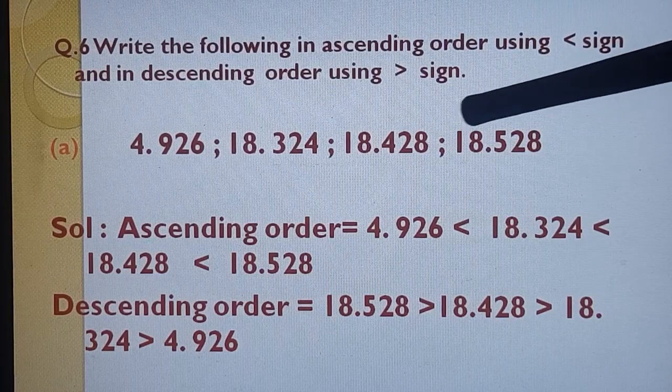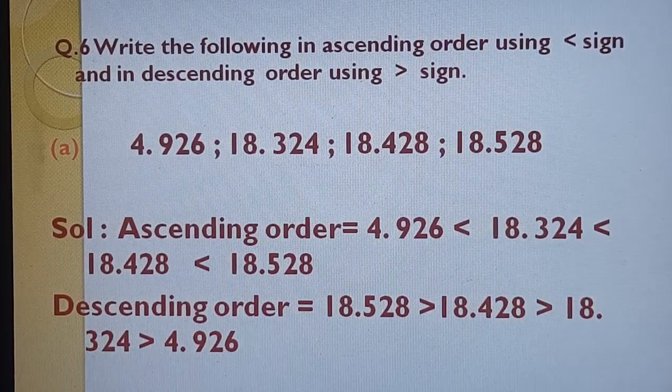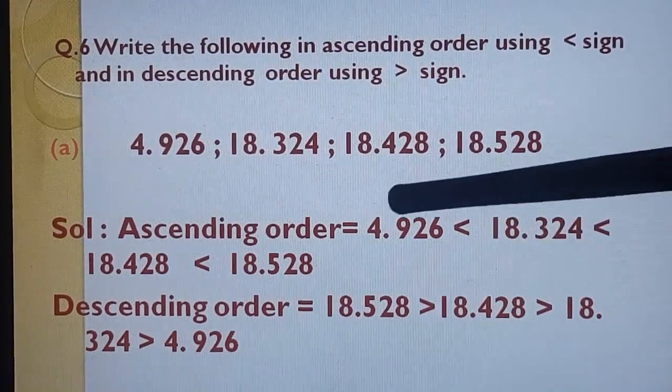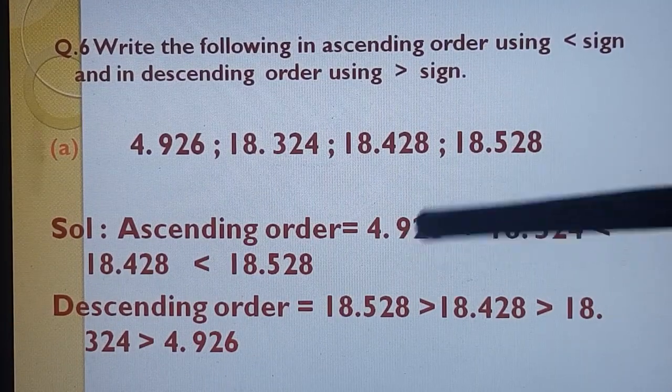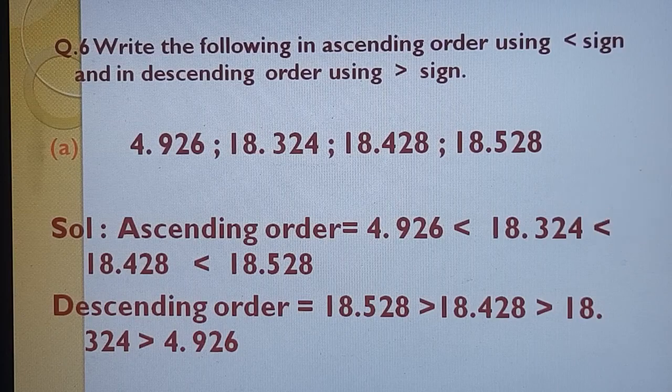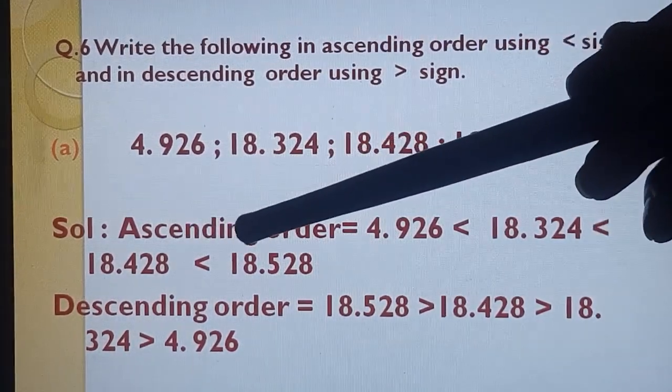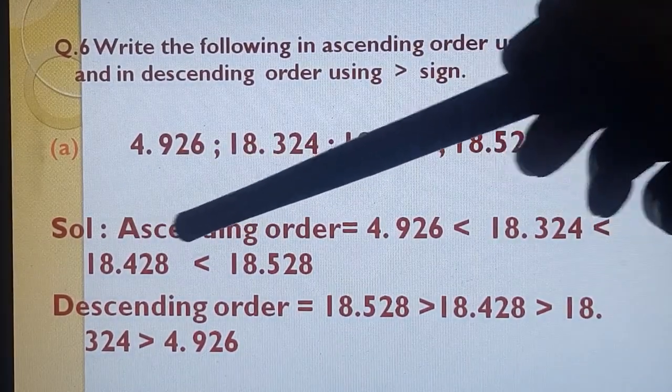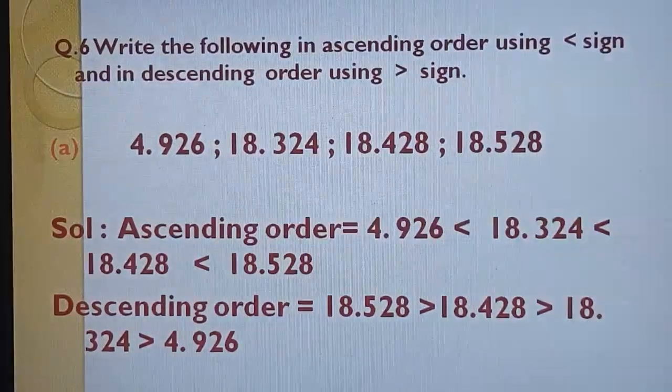And last it will be 18.528. So our ascending order will become 4.926 is less than 18.324, 18.324 is less than 18.428, and 18.428 is less than 18.528.